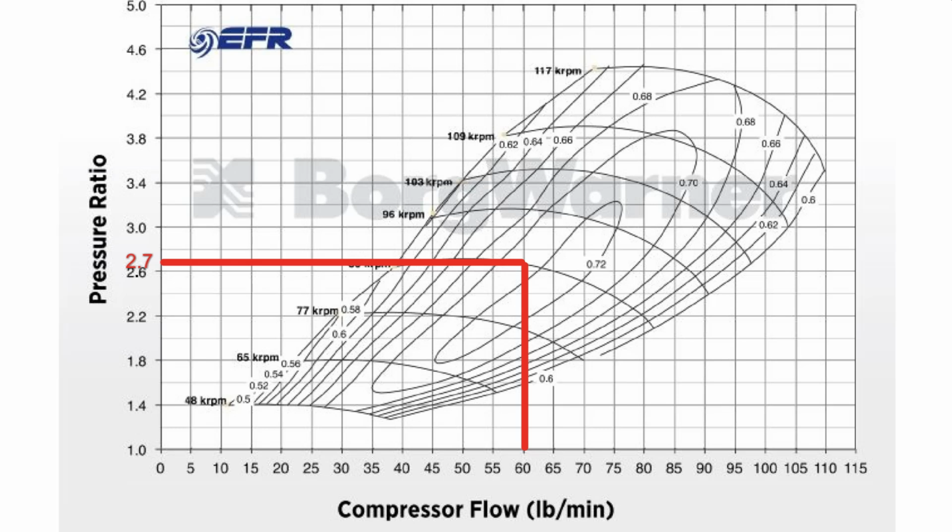This 0.3 doesn't seem like a lot, but remember that the compressor intake pressure is multiplied by this pressure ratio to get the compressor outlet pressure. Therefore, even a small error in the pressure ratio estimate is going to cause a correspondingly larger error in the calculated compressor outlet pressure.